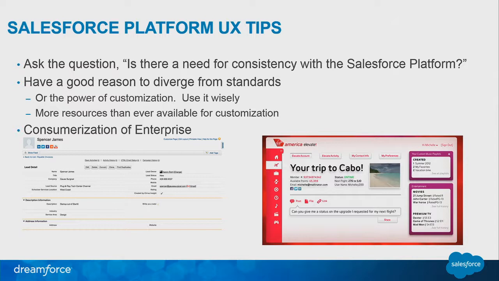You went into work, and that's what you got. But now with our work lives and our personal lives and the apps we use being always connected, there's a lot more going on, and our expectations around what a good experience is within software have changed because of what's going on in the consumer world and starting to bring itself into the enterprise. It's a term you've probably been hearing more and more about, this consumerization of enterprise.